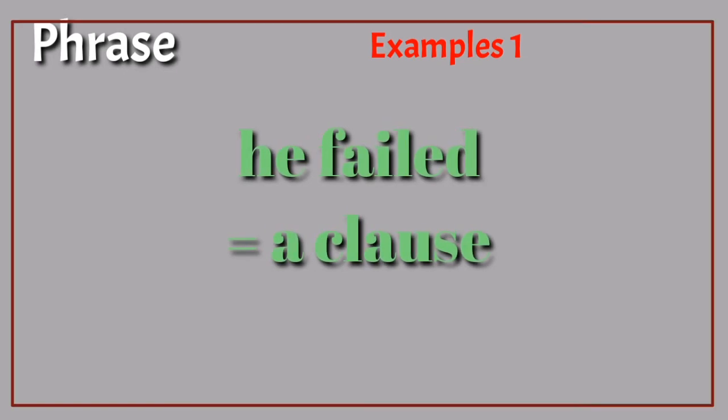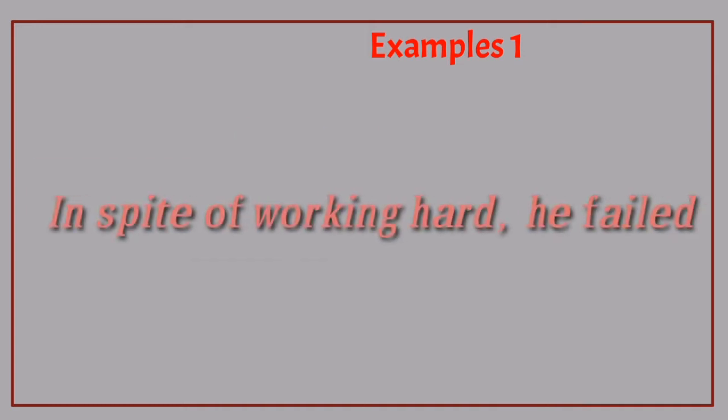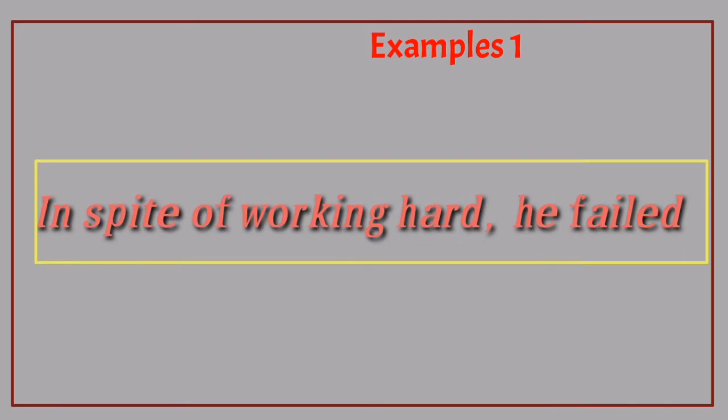He failed gives a complete sense. So, this is a clause. The group of words, but part of a sentence, which doesn't have a subject or a finite verb is called a phrase.